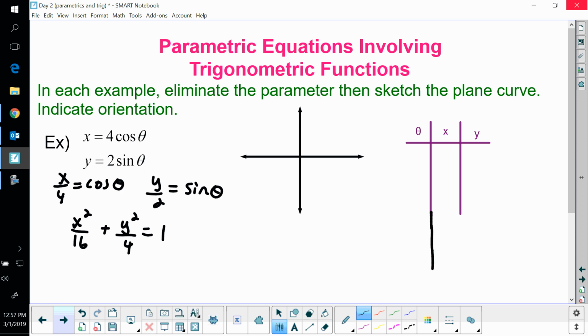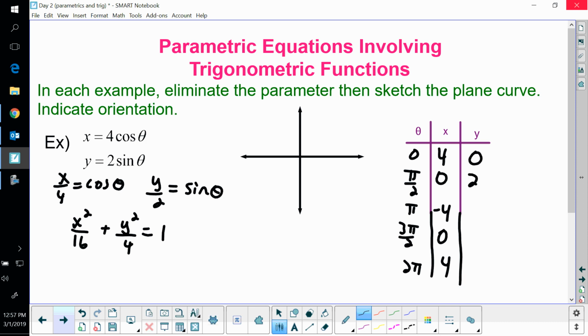If we do our nice values of theta again, for the x's, we had 4 cos theta, so we'll start at 4, then 0, negative 4, 0, and back to 4. For the y's, we had 2 sine theta, so we'll start at 0.